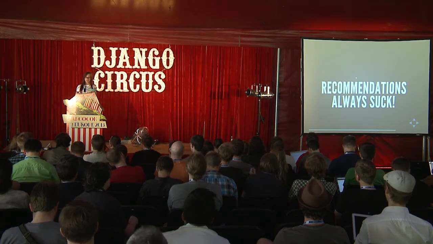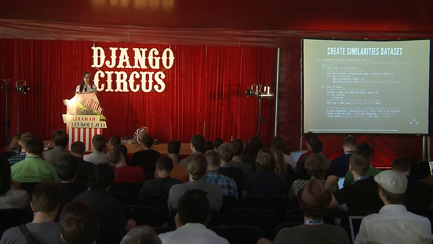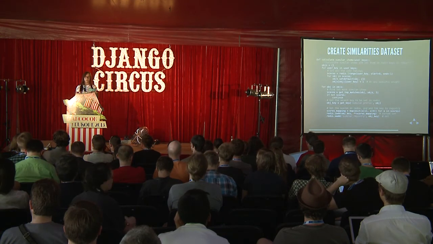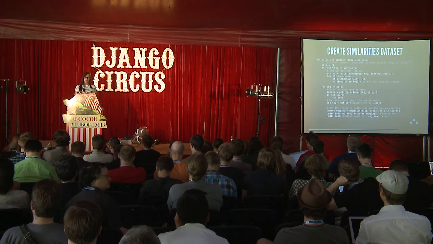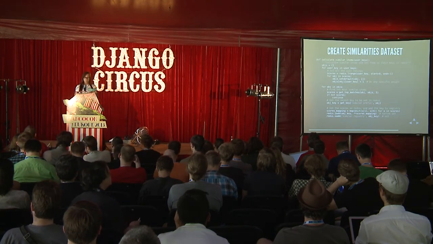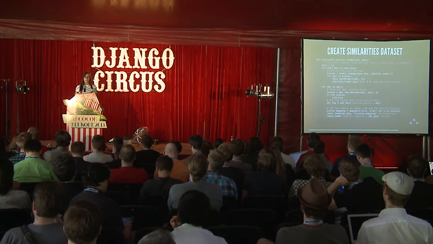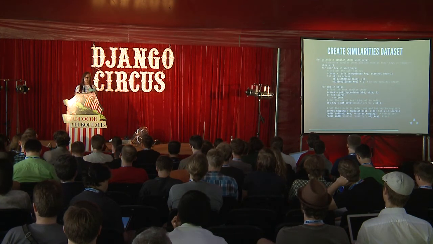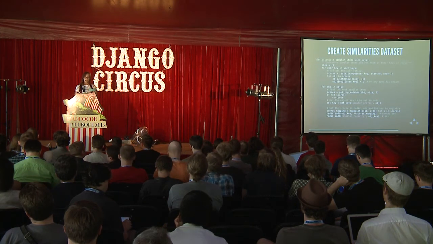So we want to make it fast, and we use this top matches method to create a similarities data set. This data set will be calculated at the beginning of each day, probably nightly, and it will be stored to give you the recommendations, the similarities between items, while the site is loading, so you don't have to calculate it each time.